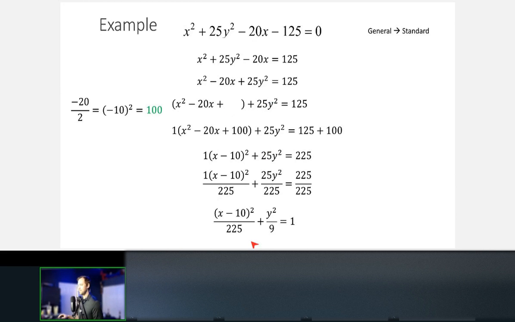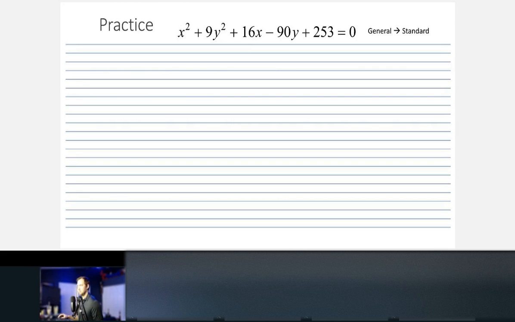Let's try another one. We got about 17 minutes left. All right, so everyone, let's do this one. This one is pretty straightforward. Everyone try this.